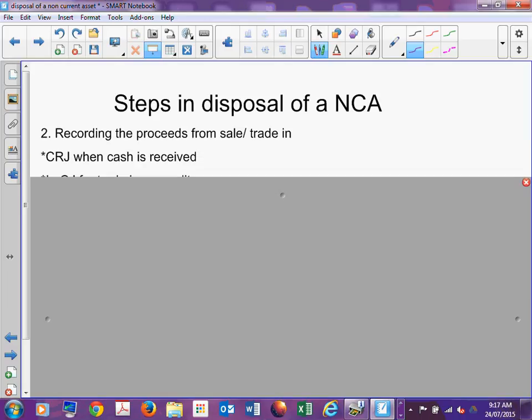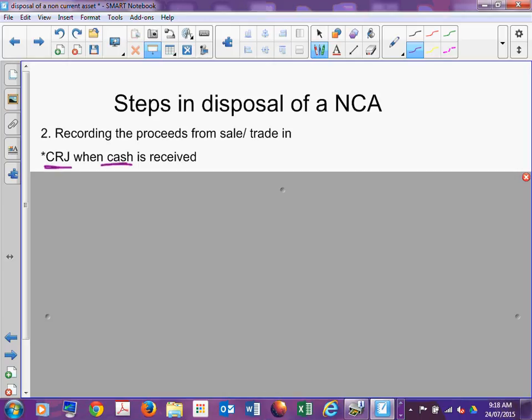With the sale for cash, it's for cash. So what journal would we record that in? The cash receipts journal, because it's a cash transaction. The other way you can get rid of an asset is to trade it in.